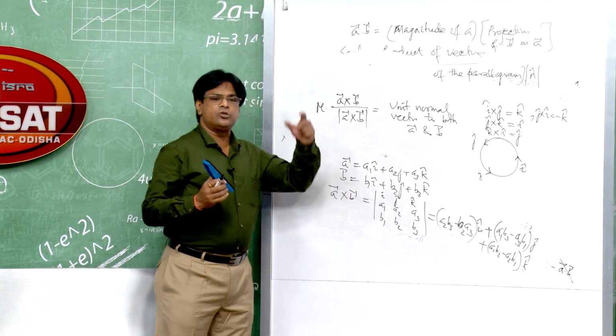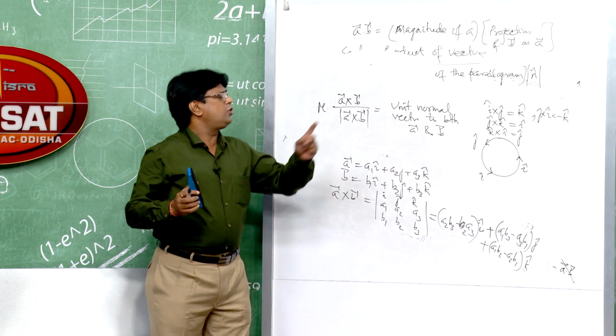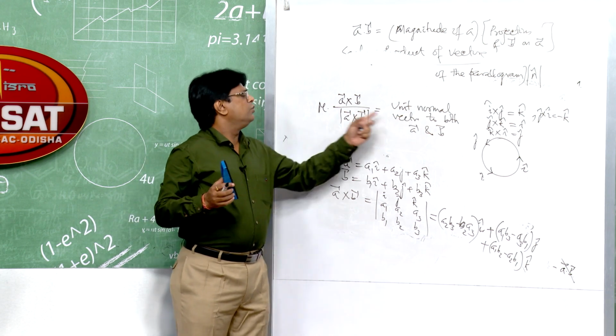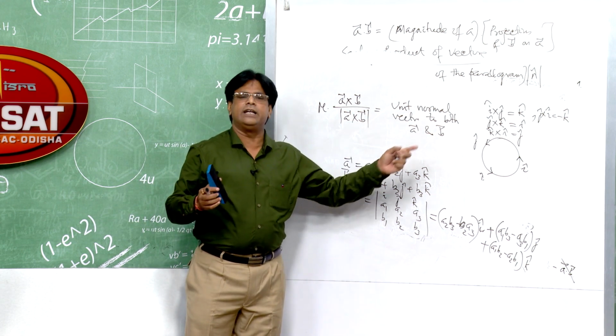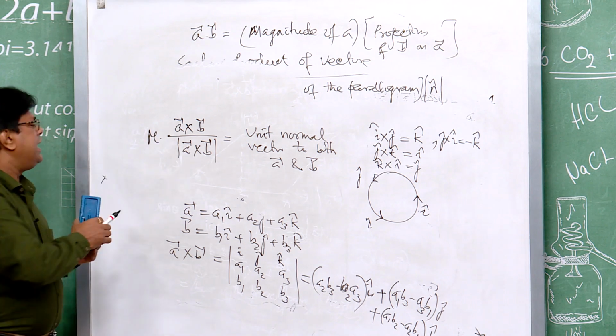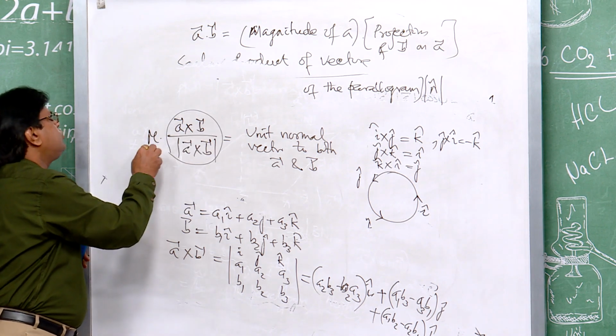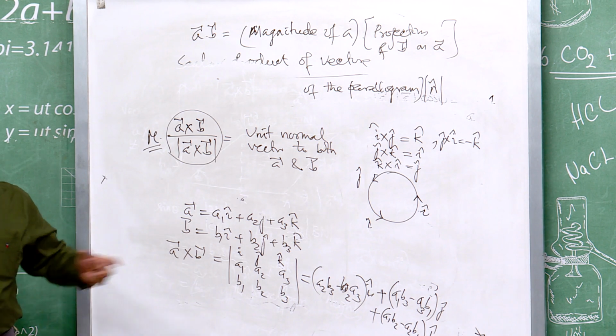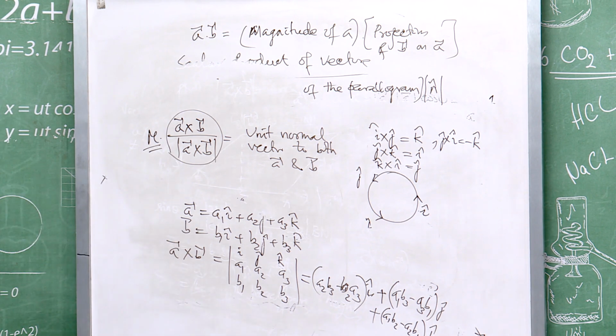So if the question is to find a vector of magnitude mu which is perpendicular to both A and B, then you take the unit normal times mu. So this becomes the vector of magnitude mu perpendicular to both vectors A and B: mu into A cross B by the magnitude of A cross B.